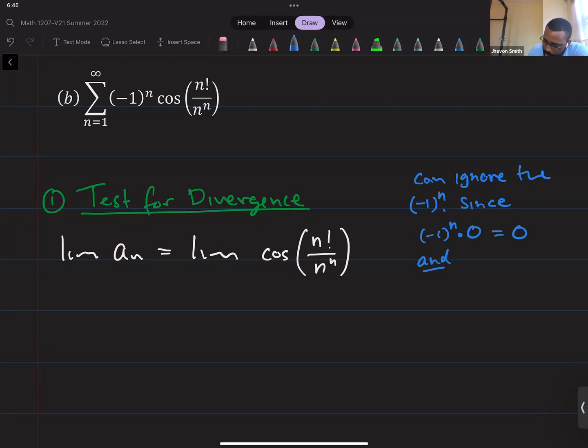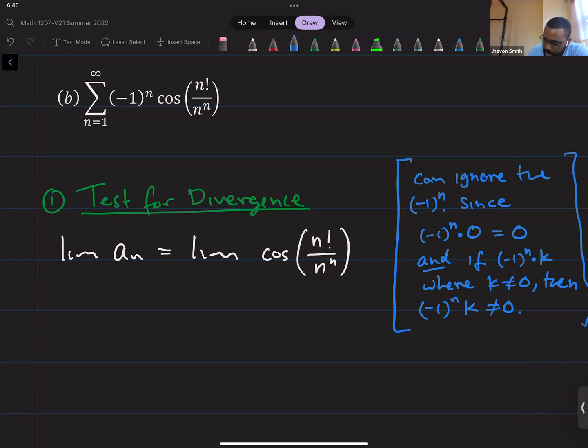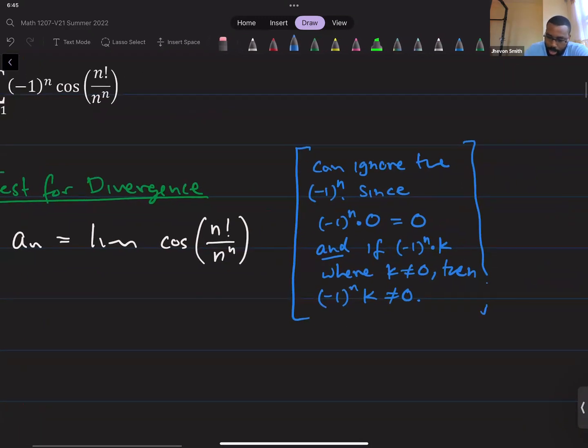And if I have (-1)^n times something that is not 0, then (-1)^n times that thing is also not going to be 0. So whether it's 0 or not is not affected by the (-1)^n. Essentially I can ignore it in the limit. It's not going to be an issue.